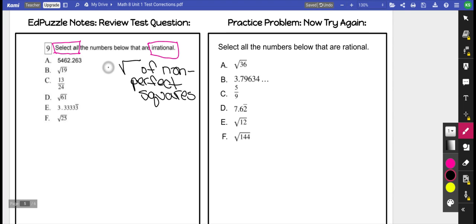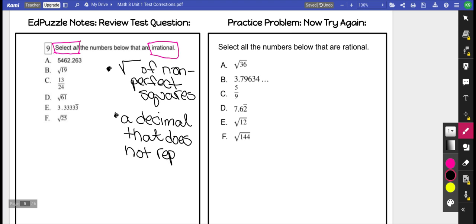Okay, so that is one thing that makes a number irrational: a decimal that does not repeat or end.